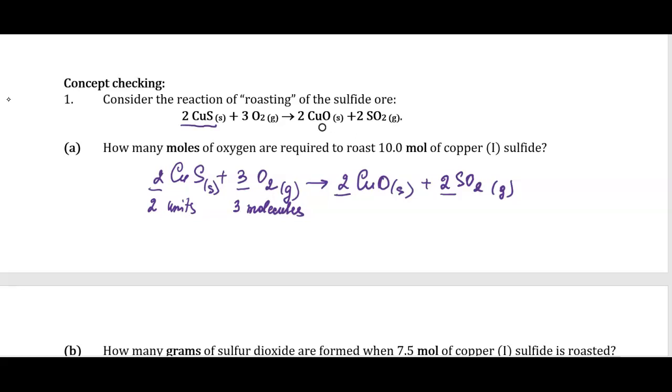Please pay attention. For oxygen, I use molecules because this is a covalent compound. But for copper sulfide, I cannot use molecules because it's an ionic compound. So I use units, right? And this 2 means that 2 units of copper oxide are being formed here and 2 molecules of SO2 are forming here, right?